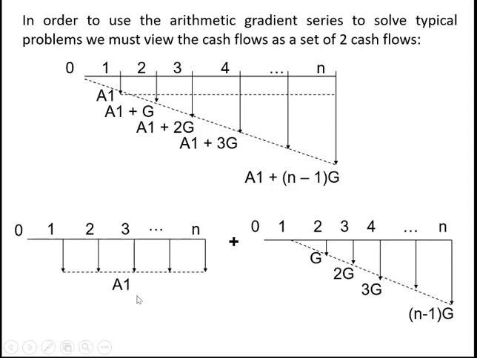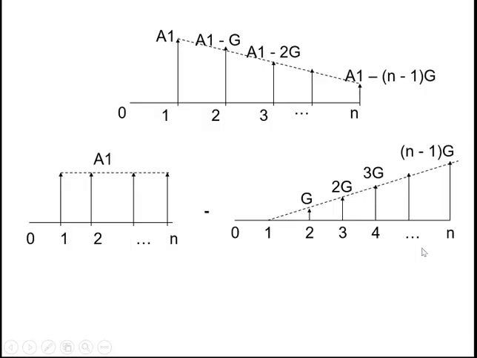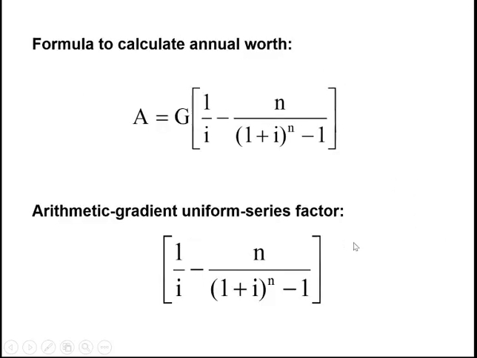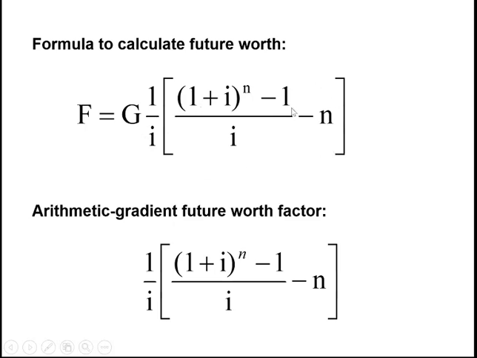The formula to calculate the future value is F equals A, 5,000, times (1 plus 0.08) to the power 10 minus 1, divided by 0.08. Now, for the future value of the arithmetic gradient, we use this formula.